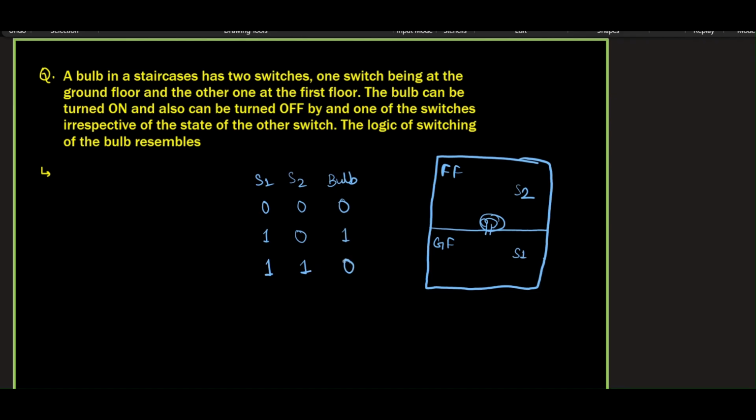My bulb will become off. Now if I come down and press S1 again to the off condition, this case will change and I will be getting one.